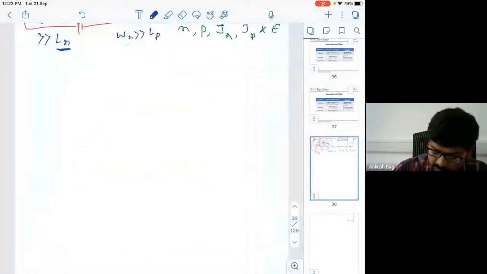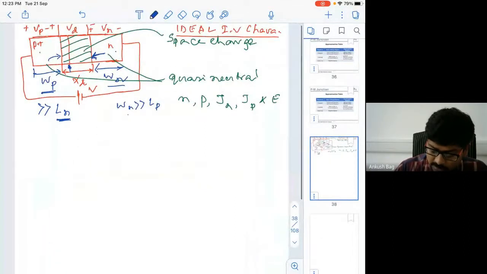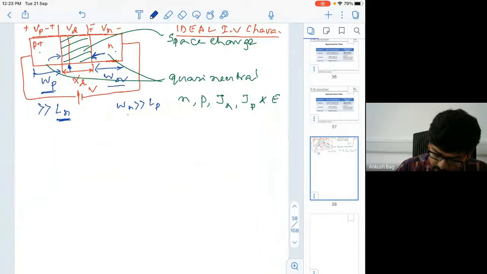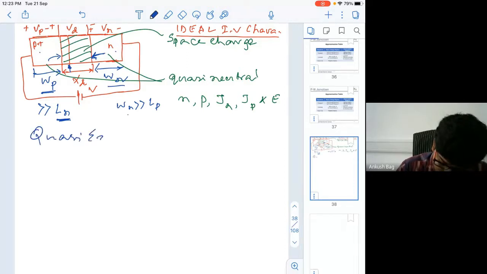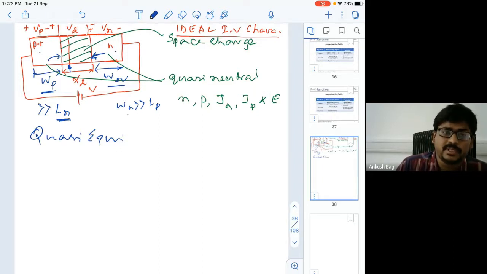See, once again, this part we briefly touched upon during that transport. So we are considering this under quasi-equilibrium condition. Quasi-equilibrium means, once again, just a small or slight variation from the equilibrium condition.